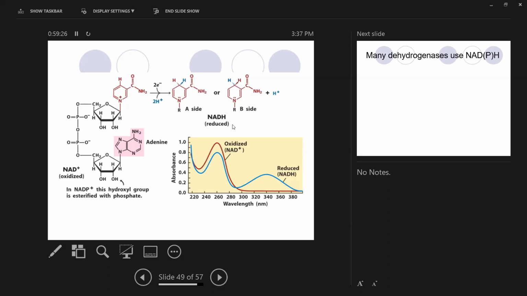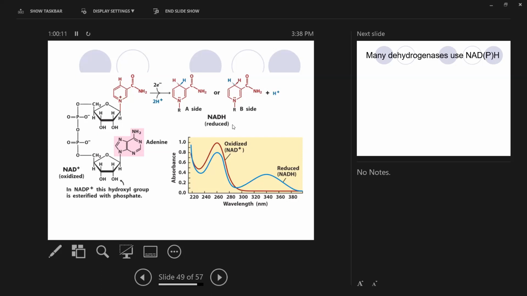NAD doesn't absorb worth a whit at 340, but when it's reduced, it absorbs pretty robustly. This is extremely useful for assays. There are many NAD using enzymes that are very good assays to determine the presence of mitochondria, chloroplasts, peroxisomes, and so on.